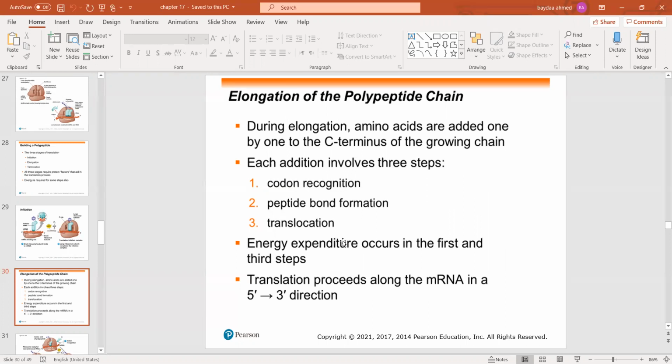Energy expenditure occurs in the first and third steps. The mRNA is moved through the ribosome in one direction only, 5' end first. This is equivalent to the ribosome moving 5' to 3' on the mRNA.